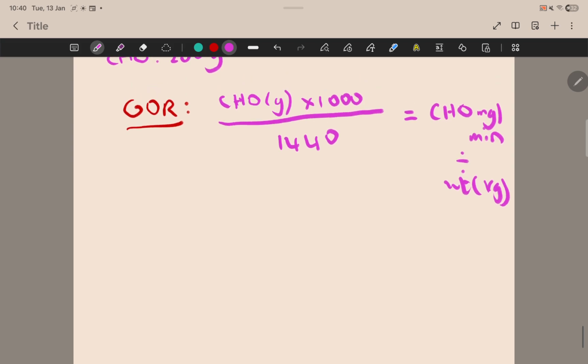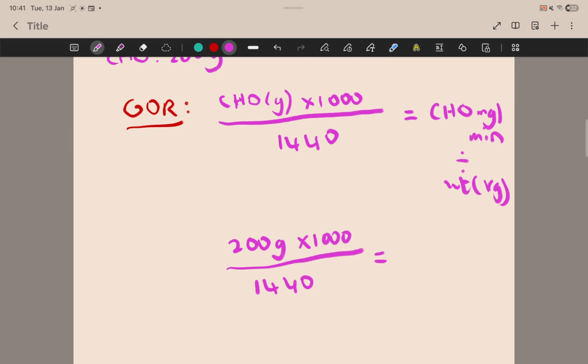Let's substitute everything in. We have 200 grams of carbs over 1440. You calculate that, and that gives you 138.89.